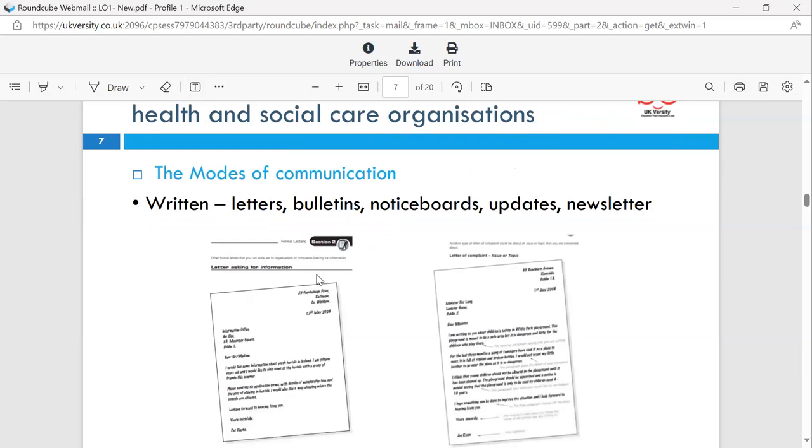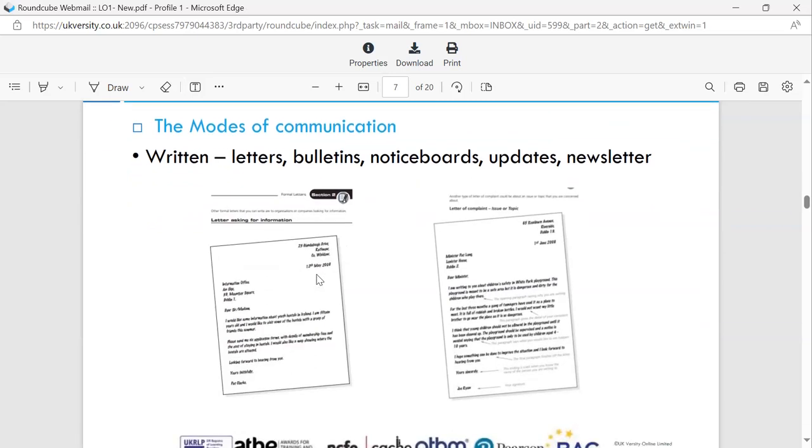So it's so important when we look at written modes, where it's letters, bulletins, notice boards, updates, and newsletters. It's important to identify modes of communication in a letter, which is information to you, and a letter of complaint. These are some examples of different letters on the slides, and they identify why letters are so important in written communication.